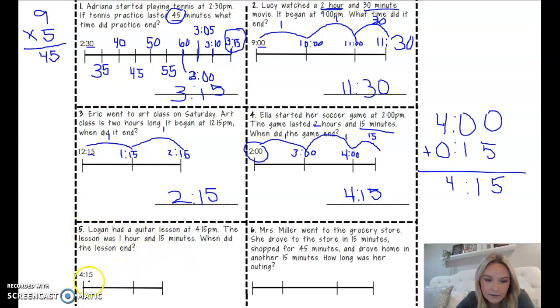So, like, over here I could say, okay, for number 5, Logan had a guitar lesson at 4:15, so I could write down 4:15, okay? And the lesson was 1 hour and 15 minutes. So over here, 1 hour and 15 minutes, okay?